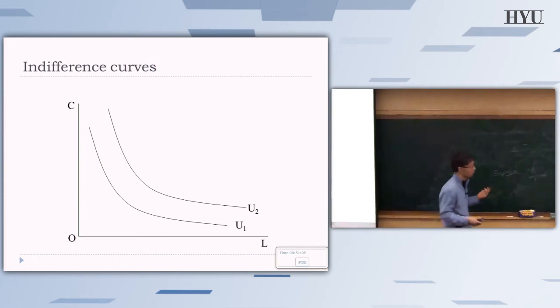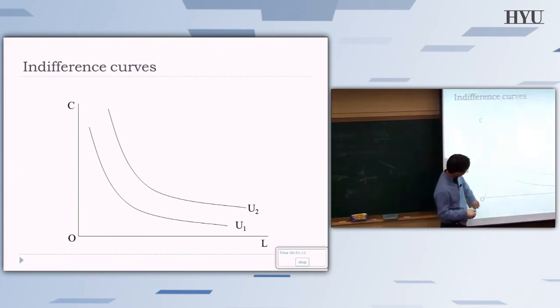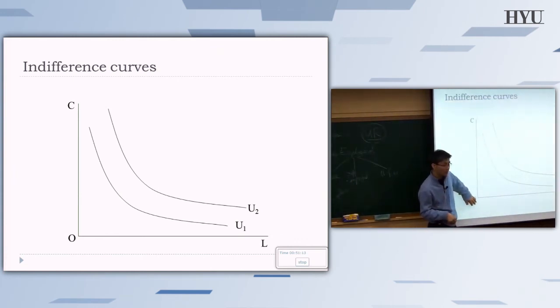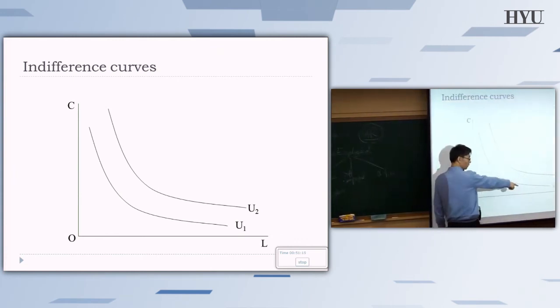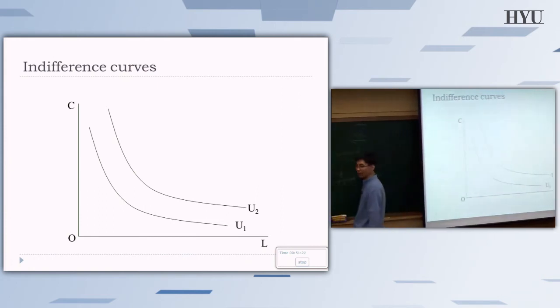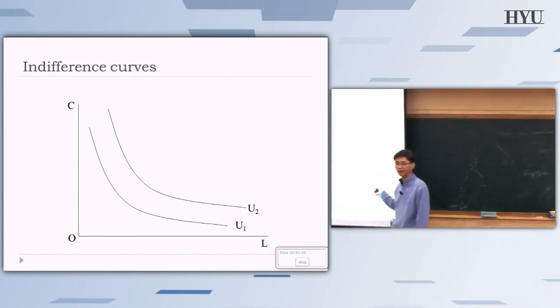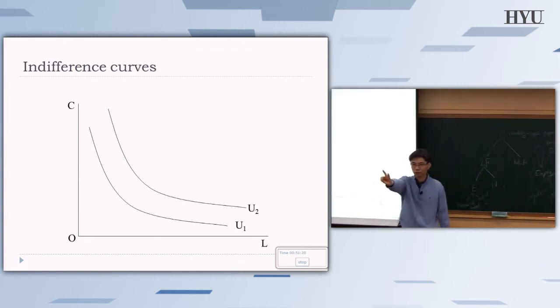As we move along the horizontal axis from left to right, leisure increases, which means at the same time work decreases, because we have only two uses of time, leisure or work.